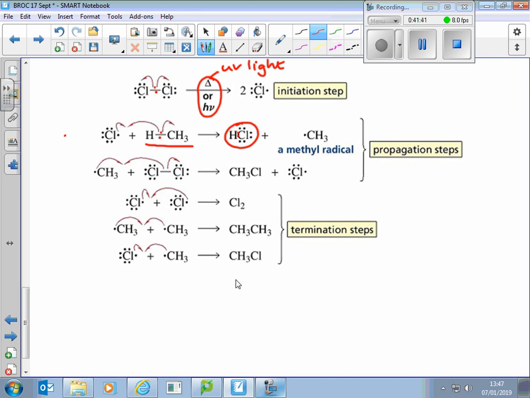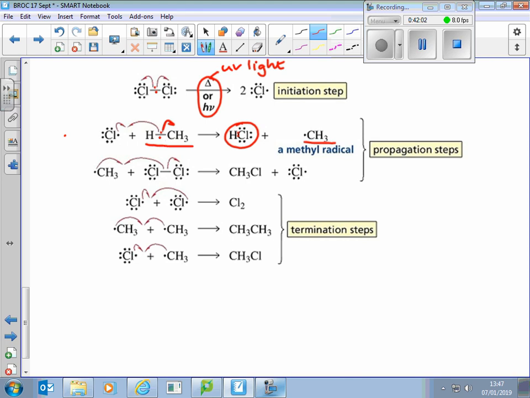The other fishhook here is showing that the other electron that's holding that hydrogen onto the methane leaves that bond and is then attached to the methyl group there to produce this methyl radical.